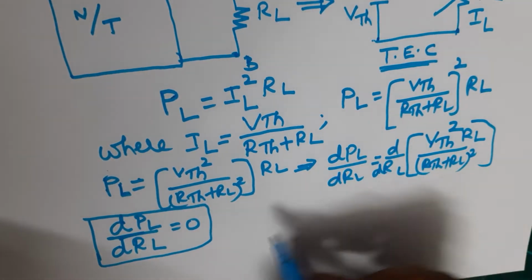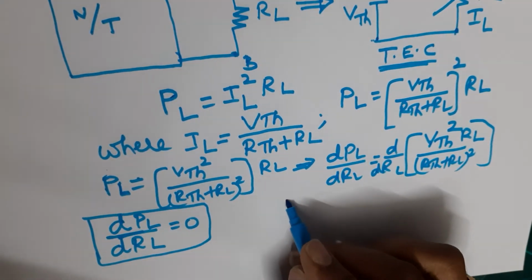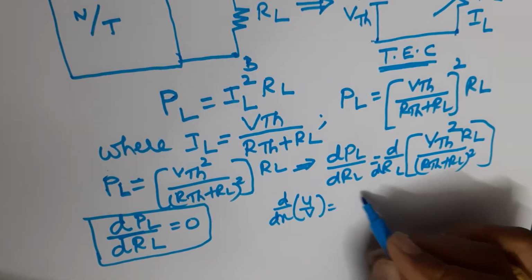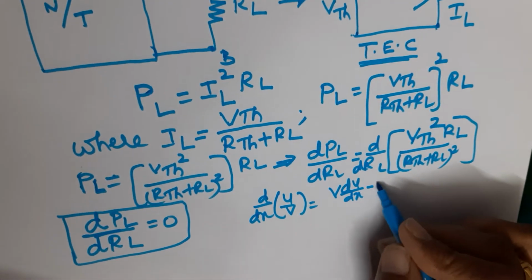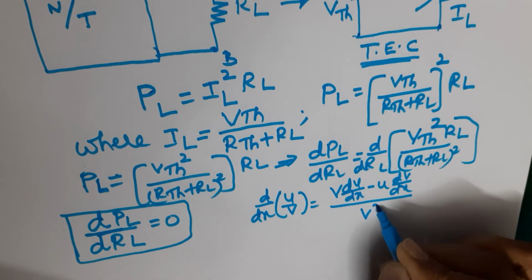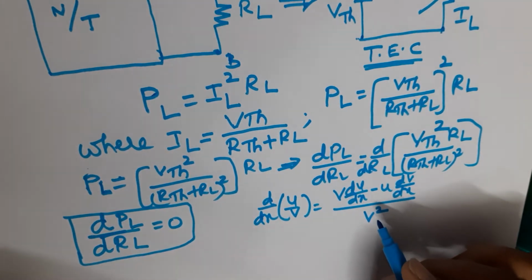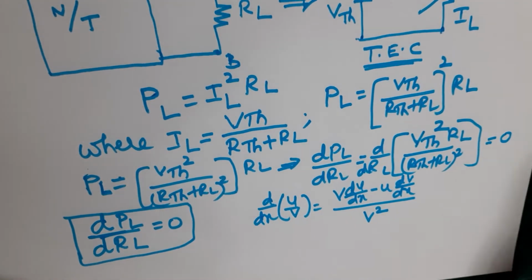So by using the U by V formula in differentiation, we know that d by dx of U by V equals V du by dx minus U dV by dx, by V square. So by using this formula, we can obtain the condition for maximum power transfer.